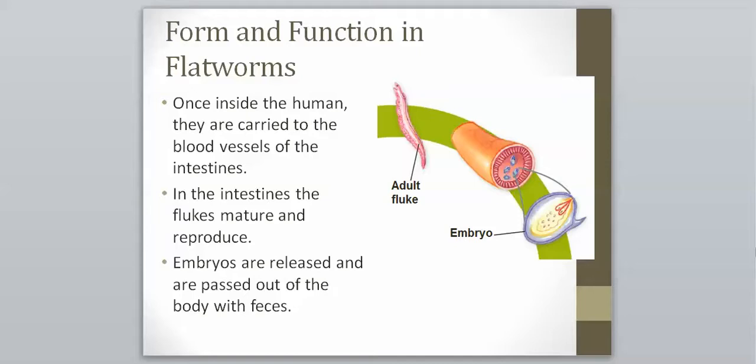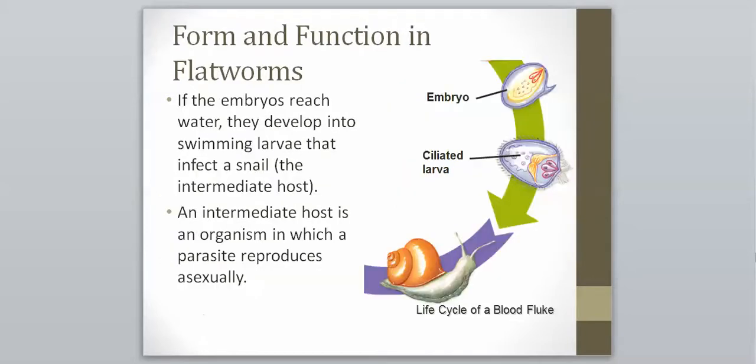The adult fluke might be able to stay inside there, and then it'll just release the embryos out into the world through the feces of the human. If the embryos reach water, they will develop into a swimming larva that infects a snail, and that is the intermediate host. An intermediate host is just the organism in which a parasite reproduces asexually.